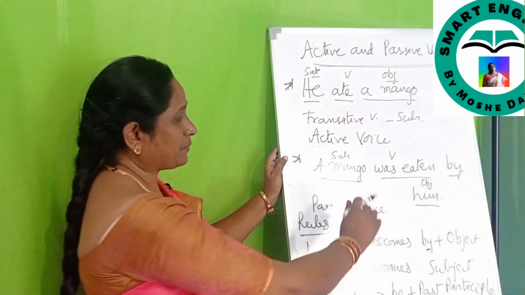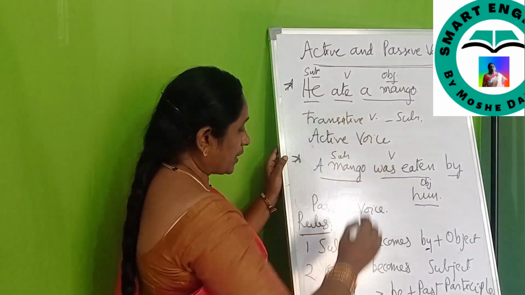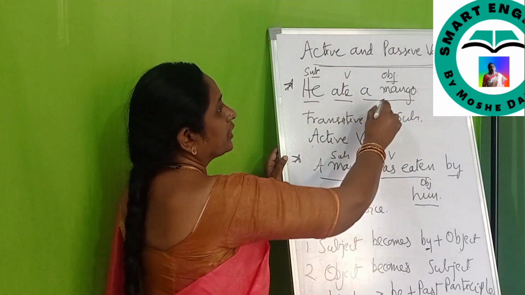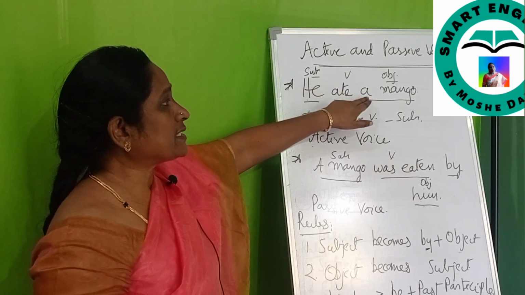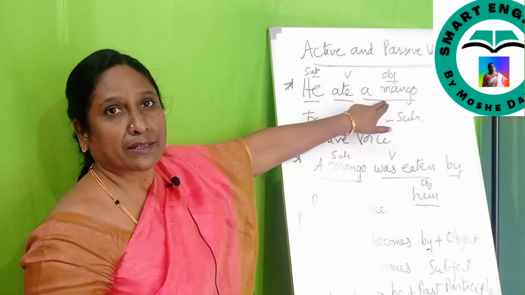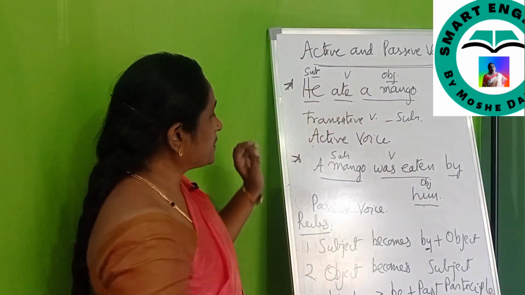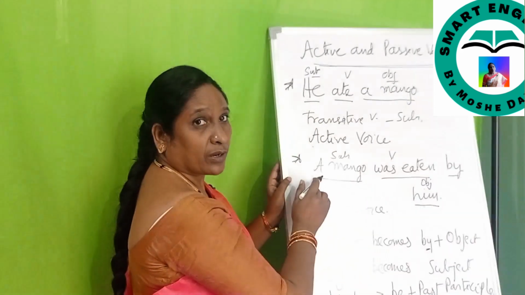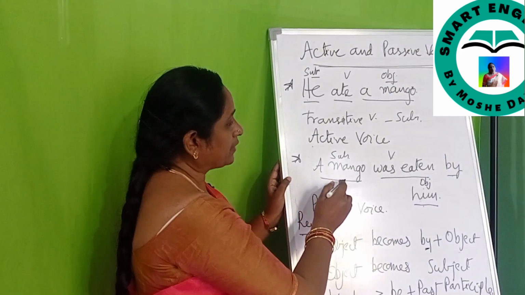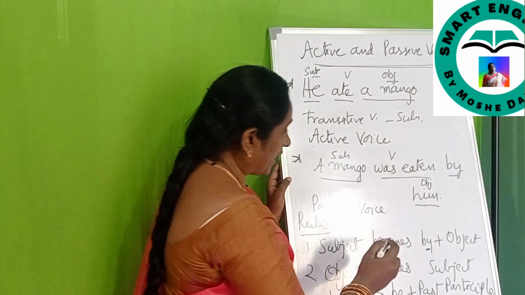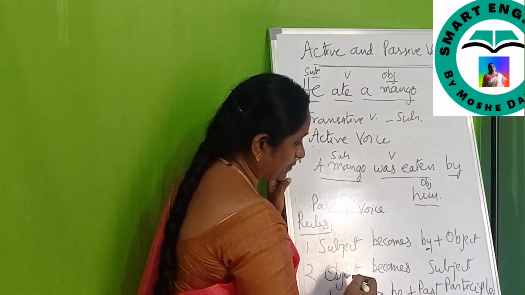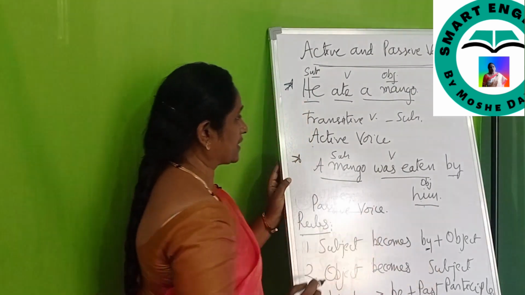Okay, here subject. And the next one is object. What is the object in this sentence? A mango. This object will become the subject. A mango, subject.